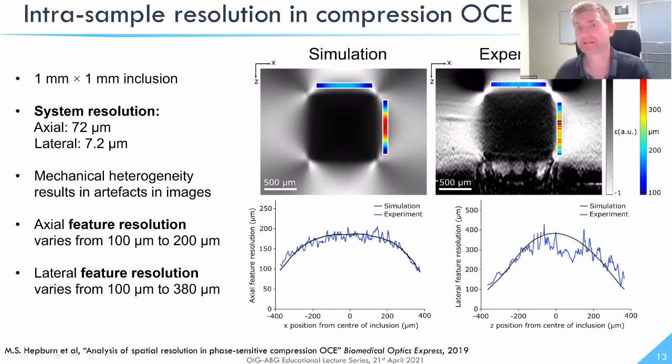So what you see here, if we look at the experimental data, is that as a function across the axial boundary, you have a variation in this resolution from around 100 to say 175 micrometers. So what's happening here is that in the middle region of this inclusion, the ability of the silicone above the inclusion to deform either side is limited by its adhesion to this stiff region.